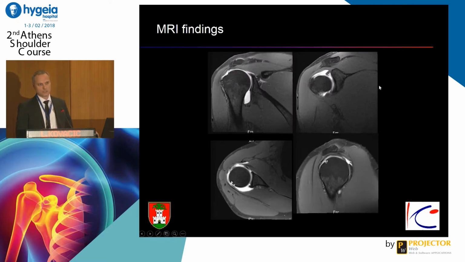Usually, MRI or MRI arthrography is the gold standard for diagnostic imaging, but you can find, in this same patient, findings like this. It's a partial rotator cuff tear, you have a SLAP lesion, and some injuries to the posterior labrum.